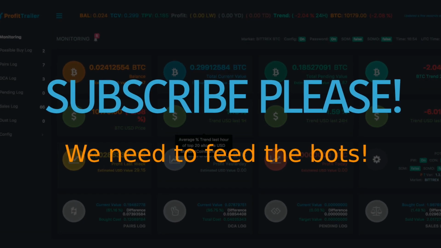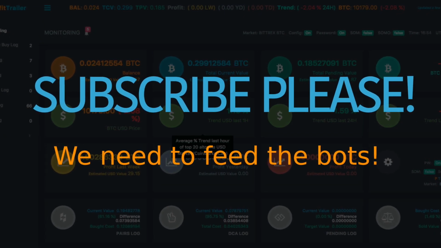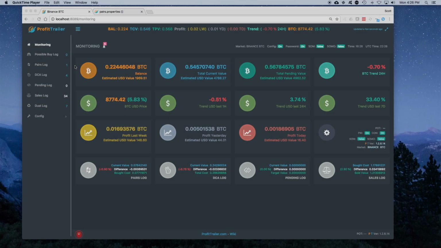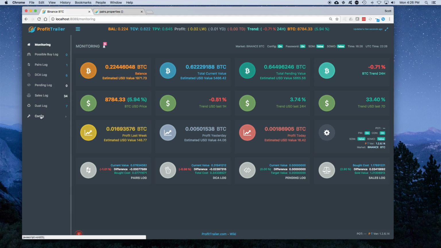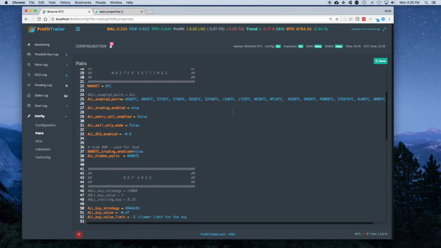All right, here we go with the pairs file discussion. So let me go through the pairs file quickly. Go into configuration and go into pairs, and let's walk through it.